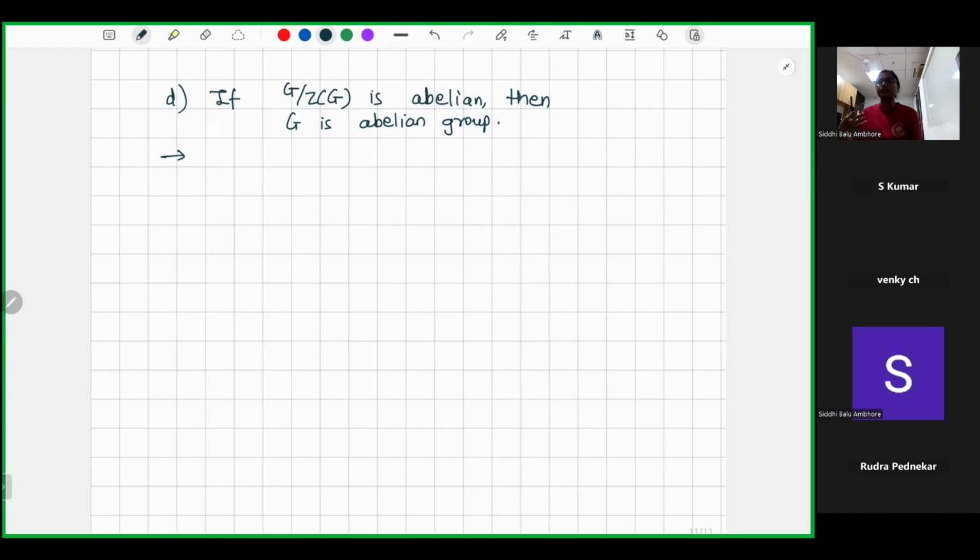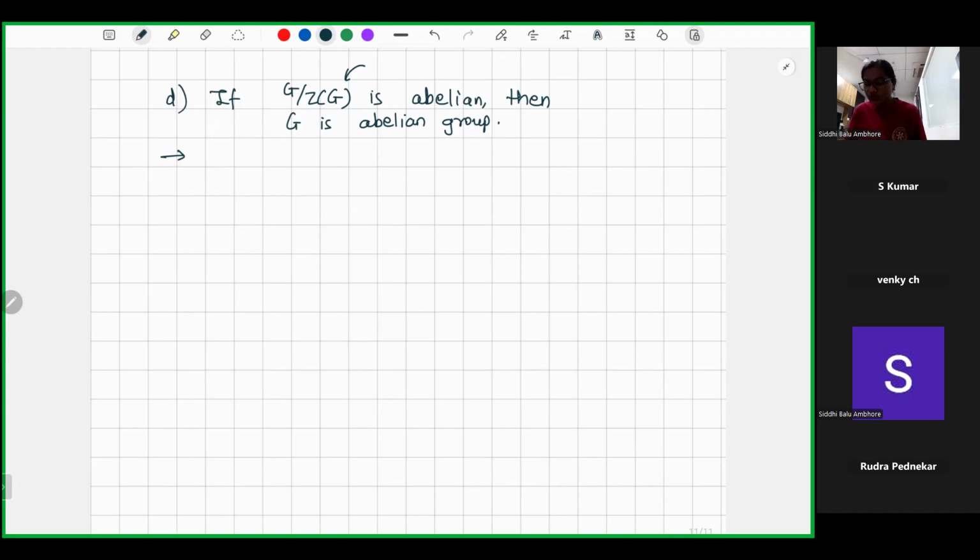Can we think of any group where G mod ZG is abelian? Note that here it's not any group; we need to have the center of that group G. So note that when we are trying to find a counterexample for this one, we need to look for a group G which has non-trivial center.